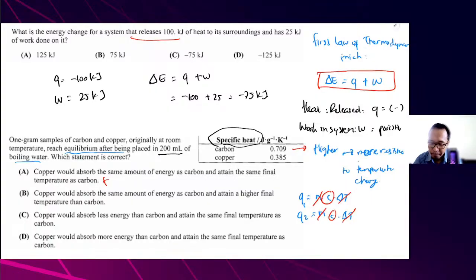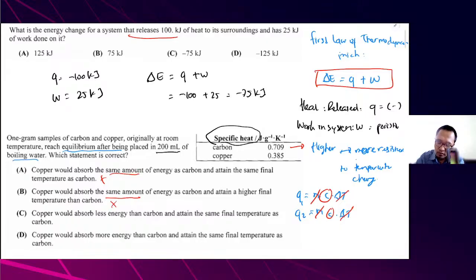Okay, now it's great. Because it still says the same amount, the answer will not be this one.